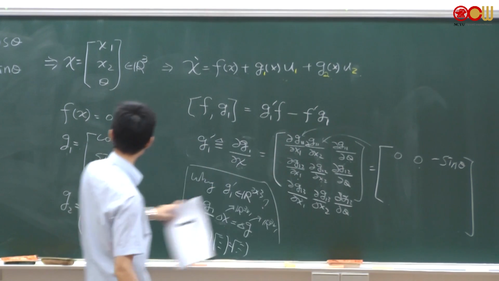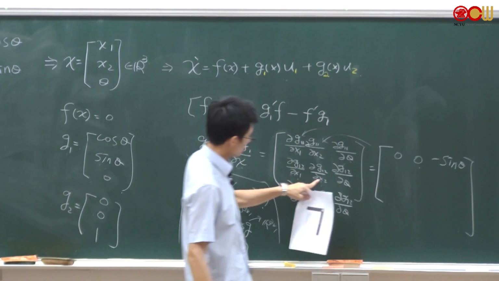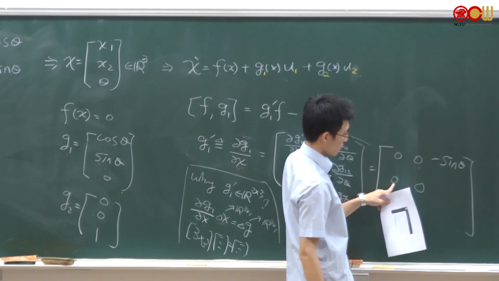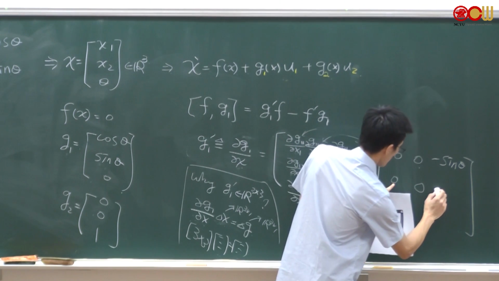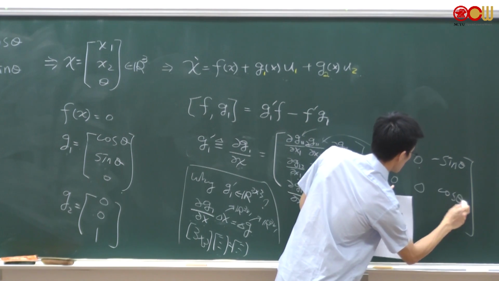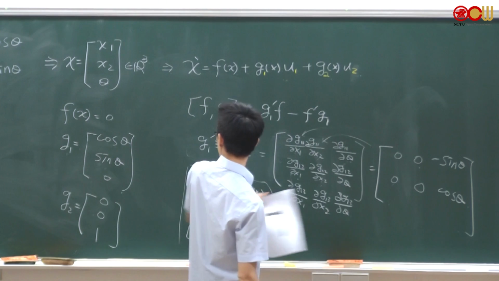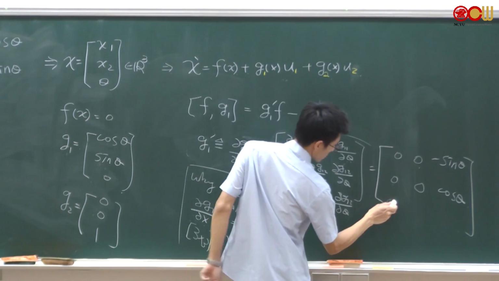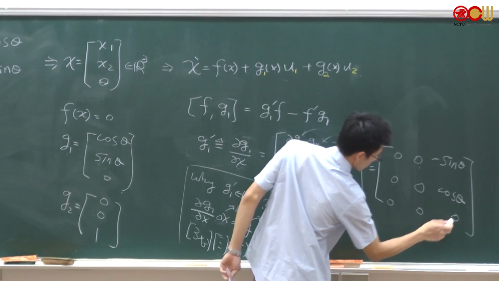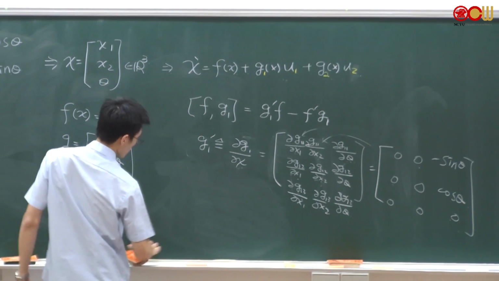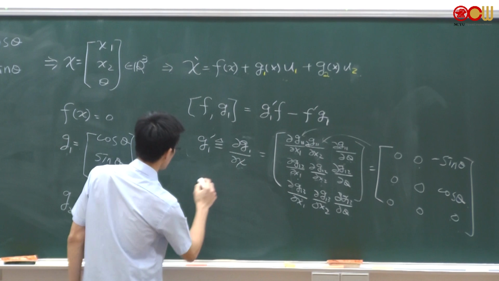G12 is sine theta, so again 0, 0, because it is independent of x1 and x2, and the last entry will be cosine theta. G13 is 0, so that row is all 0. Okay, and what is F?